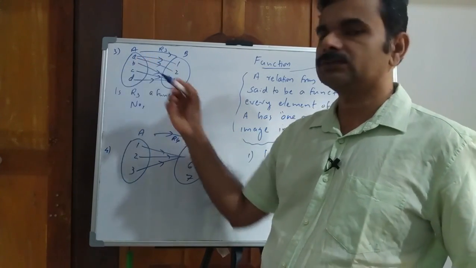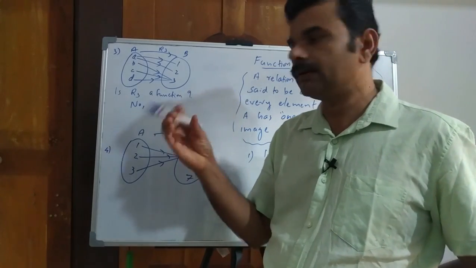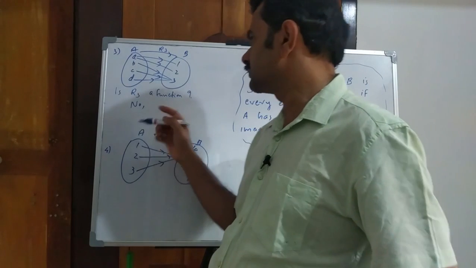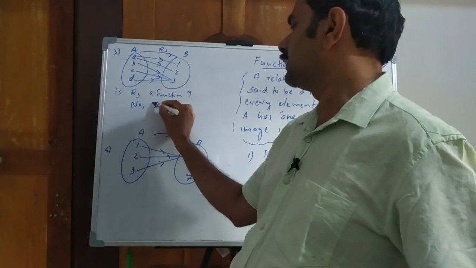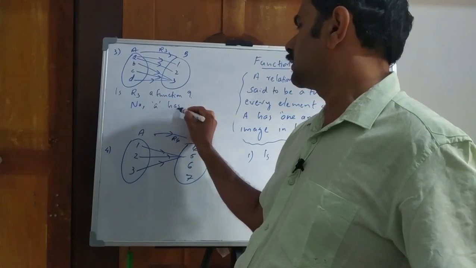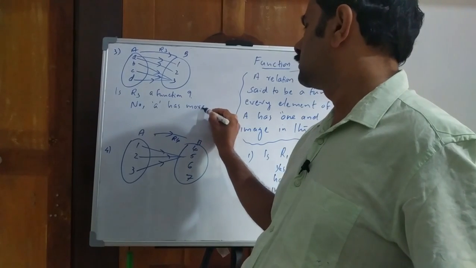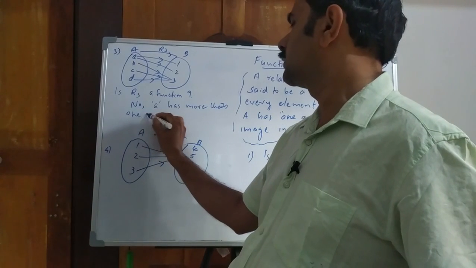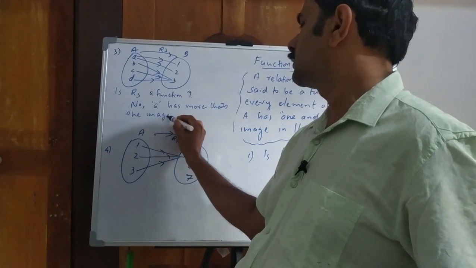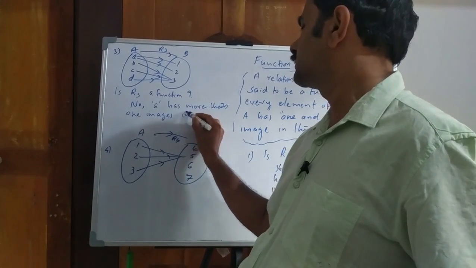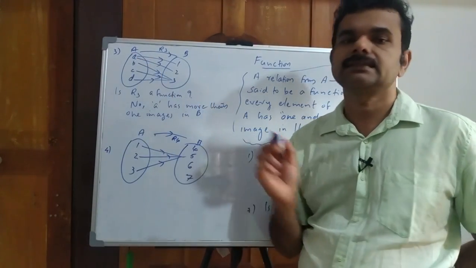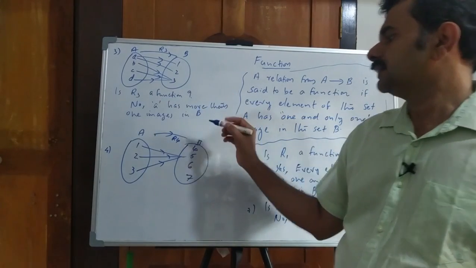Two images. So the one and only one property is not satisfied. So R3 is not a function because A has more than one images in the set B.